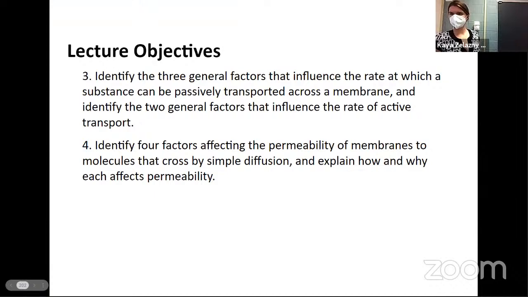So we have our objectives. We're thinking about our factors that influence the rate at which substances can move across the membrane. We're thinking about what factors affect how permeable that membrane is.